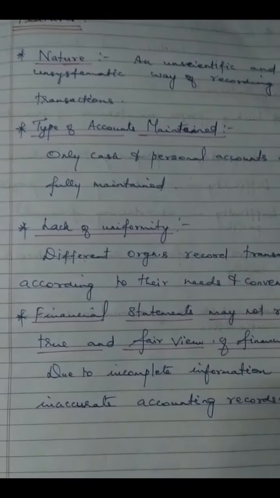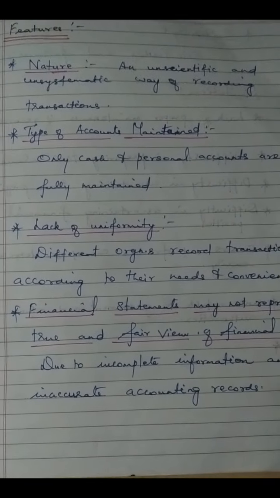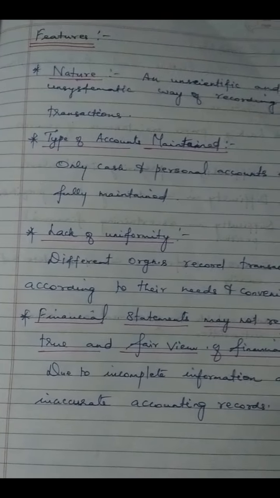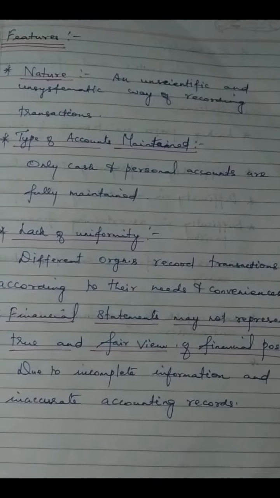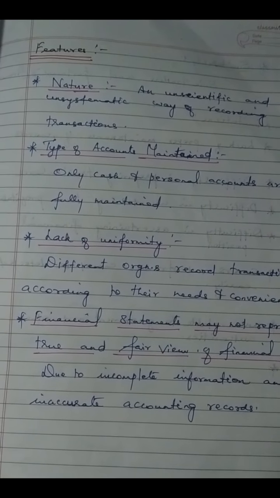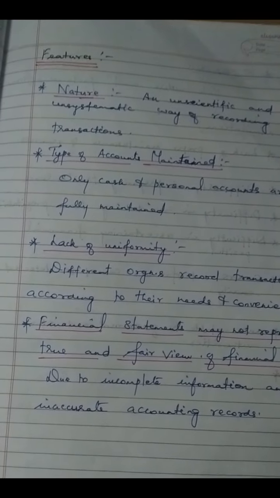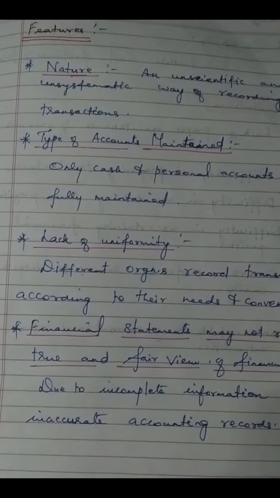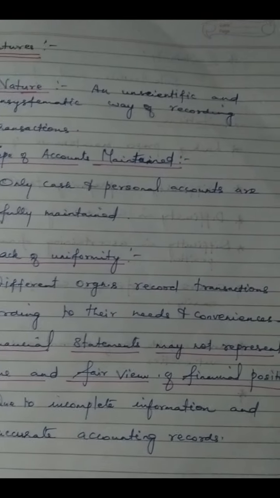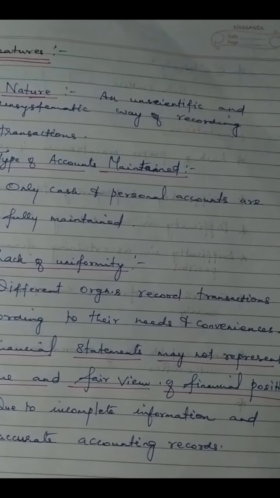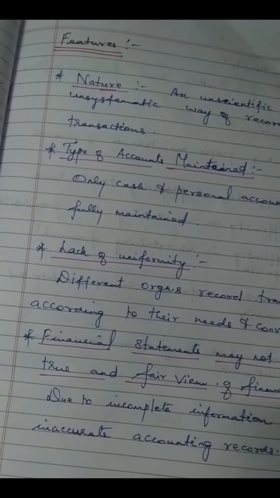Lack of uniformity. That means different organizations record transactions according to their needs and conveniences. So comparison between different organizations is not possible due to lack of uniformity. The next feature is financial statements may not represent true and fair view of financial position.